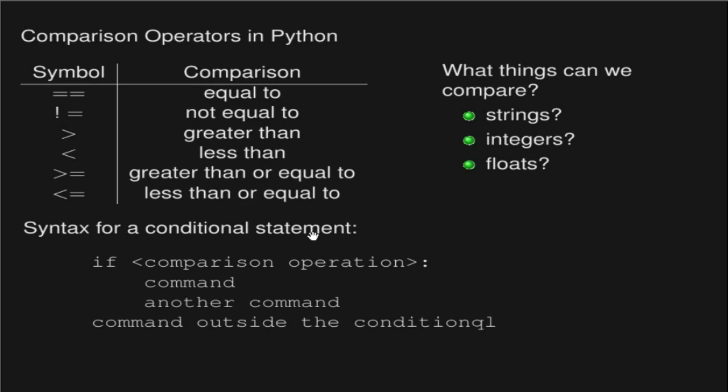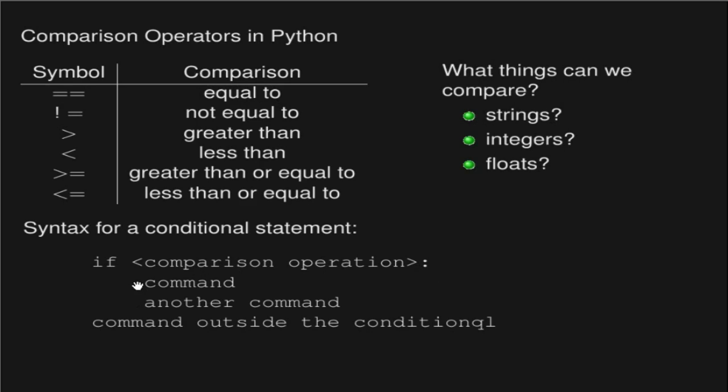Now, the syntax that we have in Python for a conditional statement will just be the if, and then whatever our comparison operation is going to be. So if this comparison operation results in a true value, then kind of like the for loops, we've got this colon here telling us now is the start of the block.